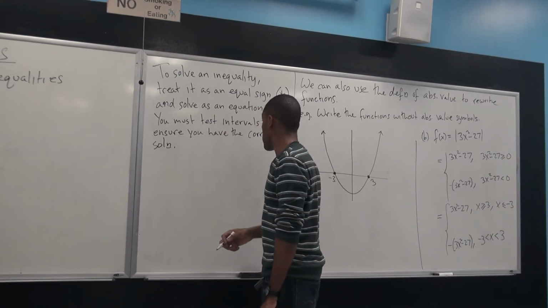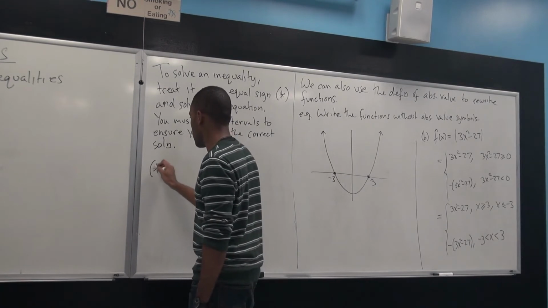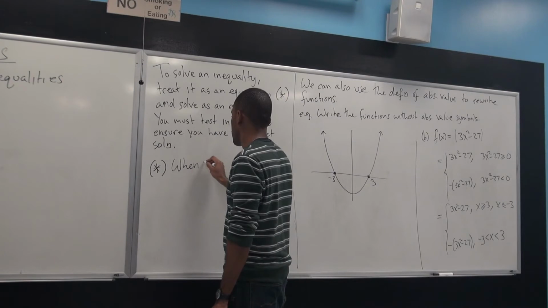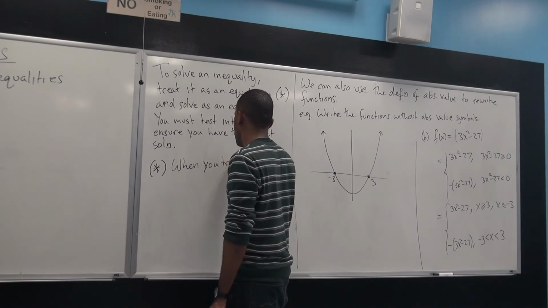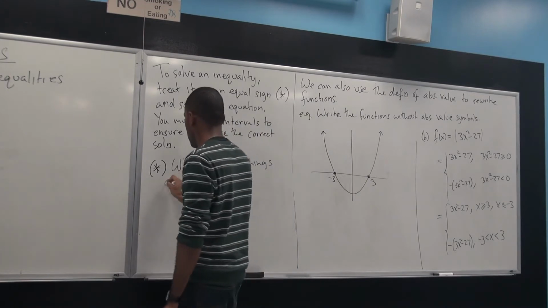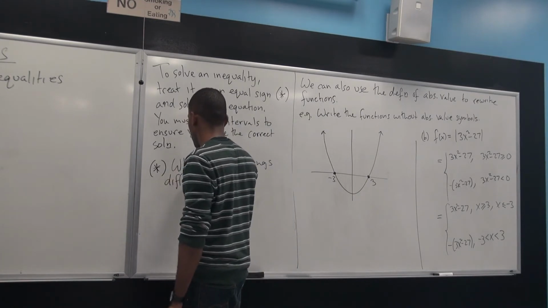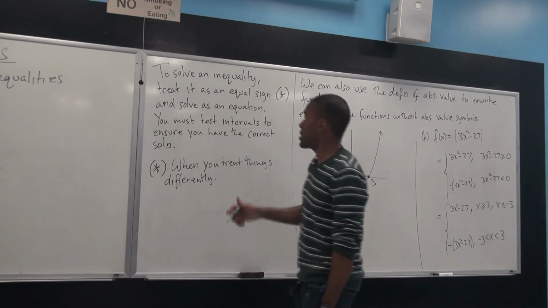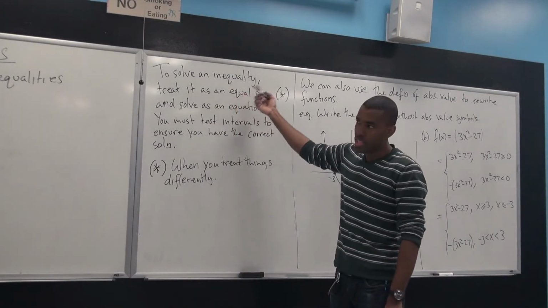We'll talk more about what that means. The two caveats are the following. When you treat things differently. Okay. So I said overall, when you're solving an inequality, you can treat it like an equal sign.